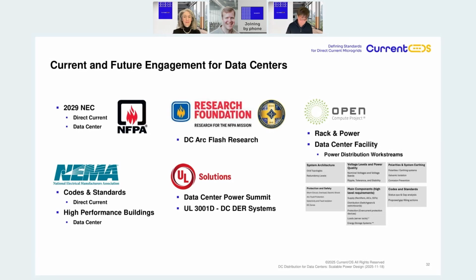So further to that, there's a UL 3001D specific set of meetings to create the equivalent to UL 3001, which was just recently released for AC distributed energy resource systems, only the DC equivalent.